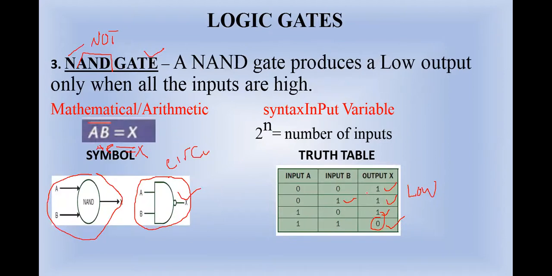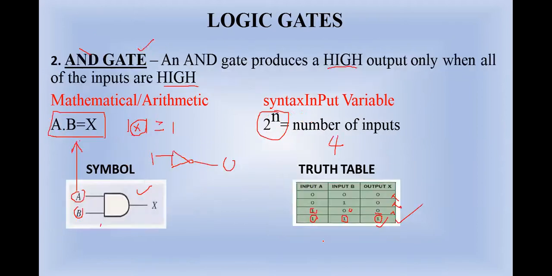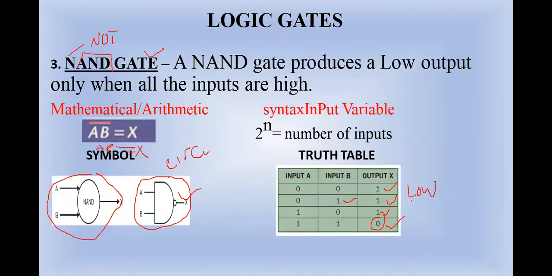If we go to the next one, which is the NAND gate, they are saying that when both of the inputs are high, it will give you a 0. And it quarrels with the AND gate, because the AND gate, when both of the inputs are 1, it gives you a 1. The NAND gate, when both of the inputs are high, it gives you a 0.